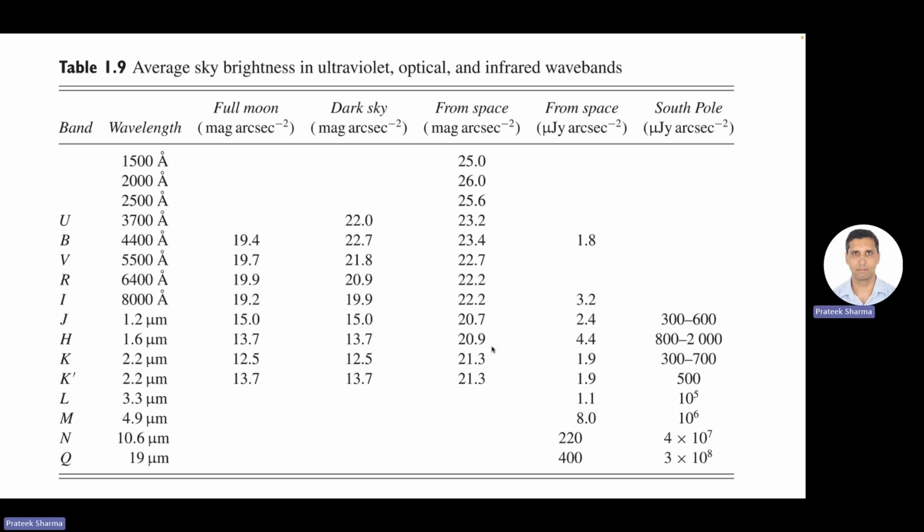Yes, sometimes we measure flux per unit wavelength. But here we are not doing that. It really depends on what you're after. Suppose you're after measuring the spectrum of an object, then you have to do per unit frequency or per unit wavelength.